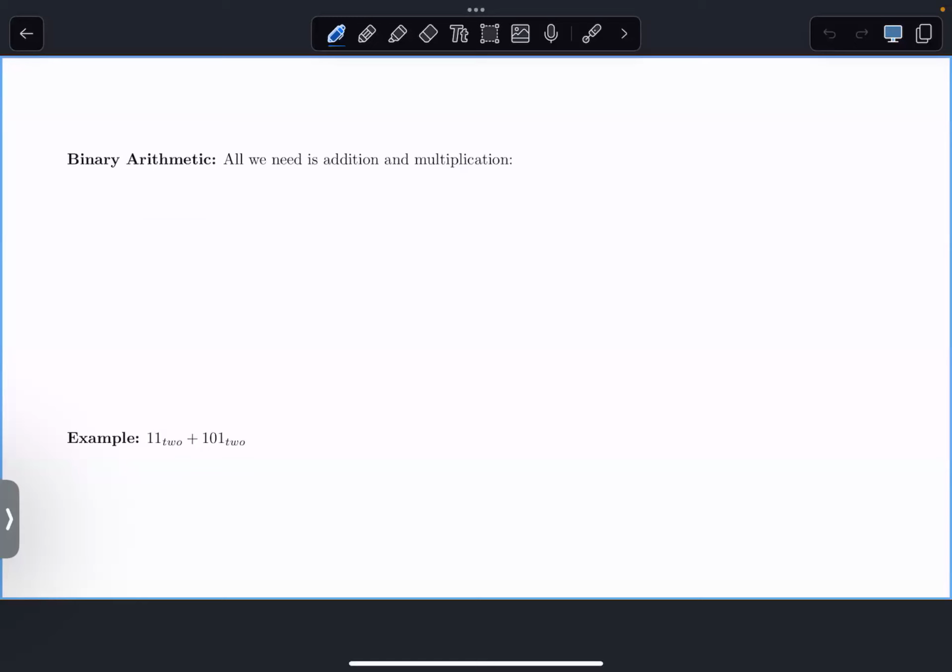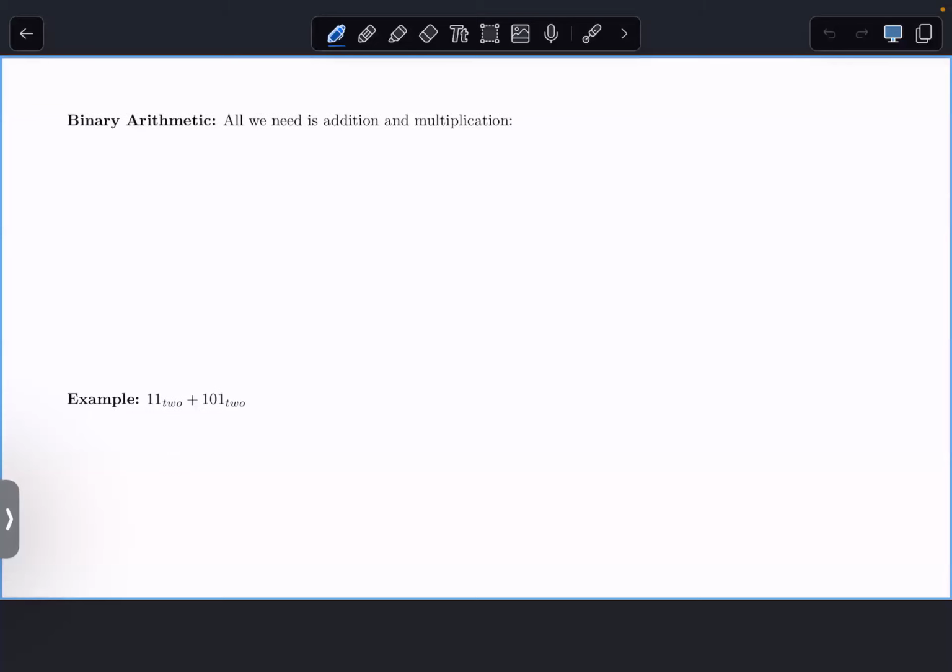So today I want to talk about binary arithmetic, or that's where we'll start. And what's nice is we really only need addition and multiplication. And addition is almost the weird one. So addition, let's make a little table here in binary.